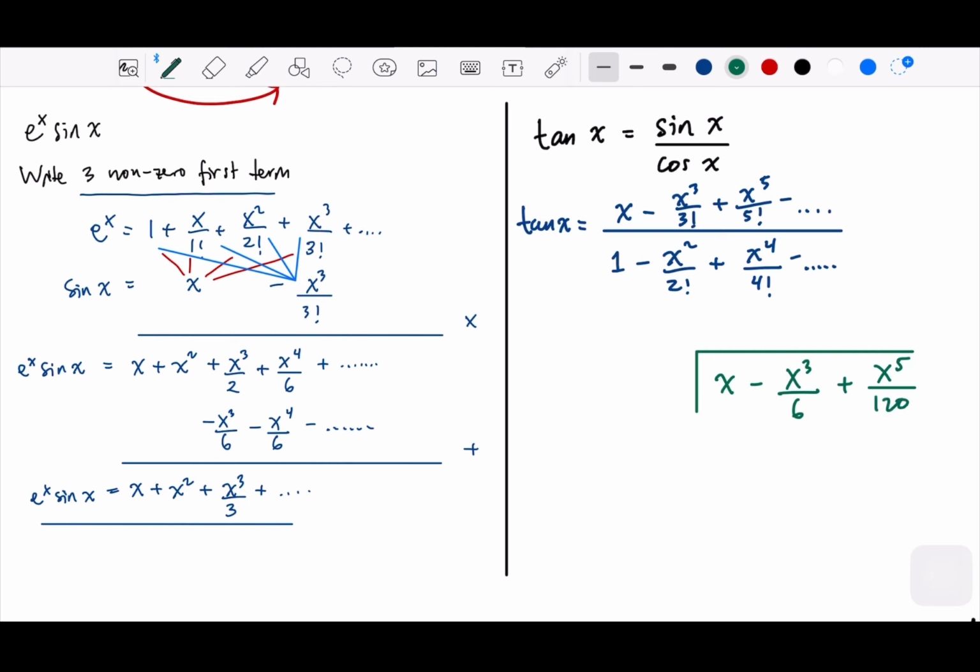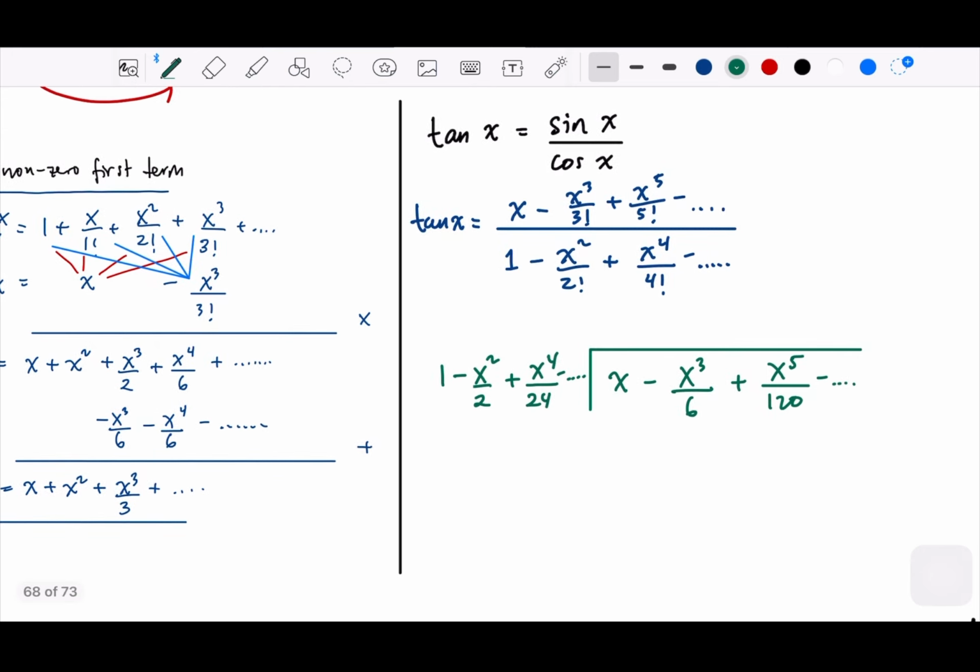Okay. 1 minus x squared over 2 plus x^4 over 24. And what we need is just a few terms, like for example these three terms, just for our computations.